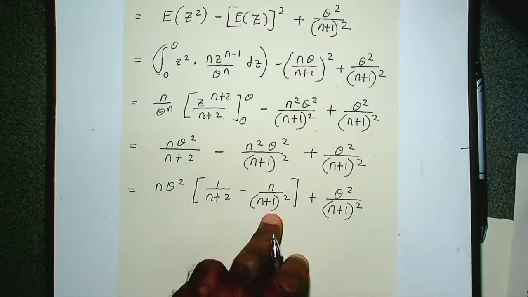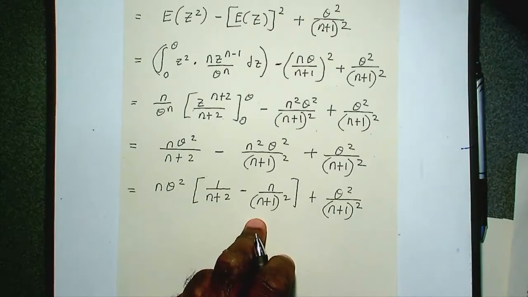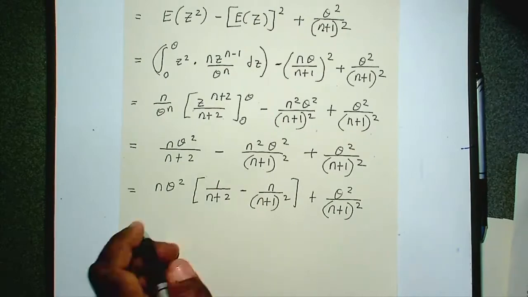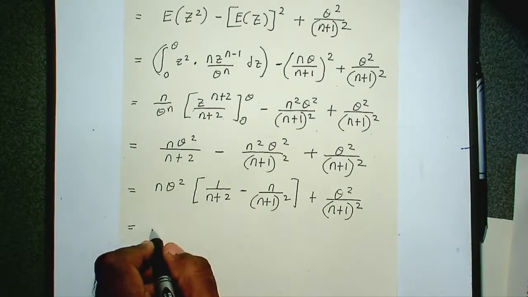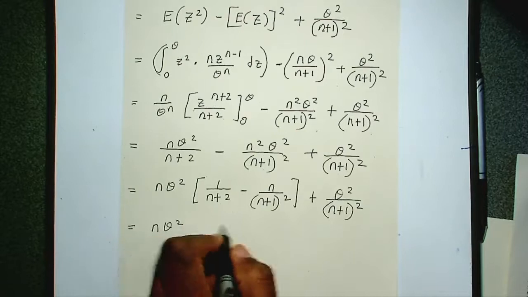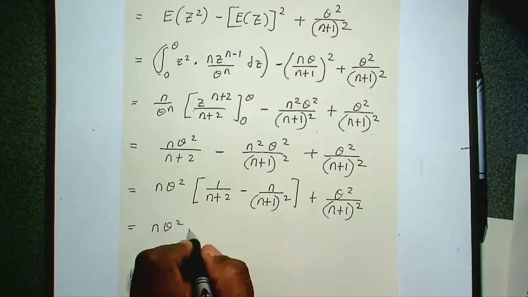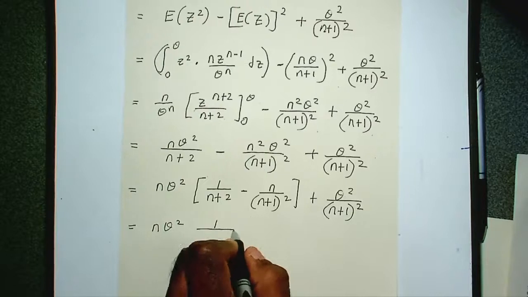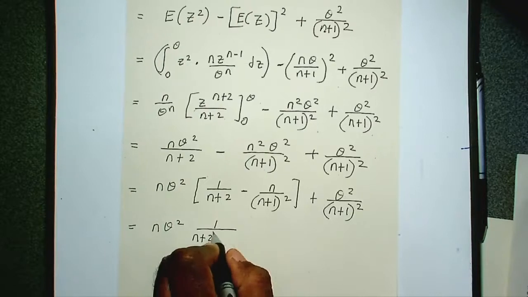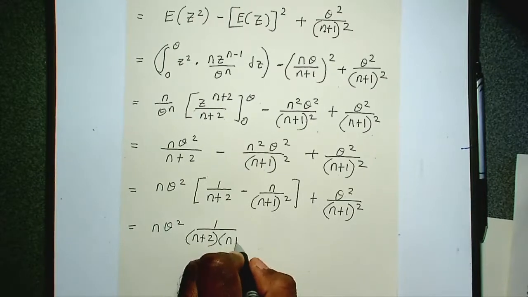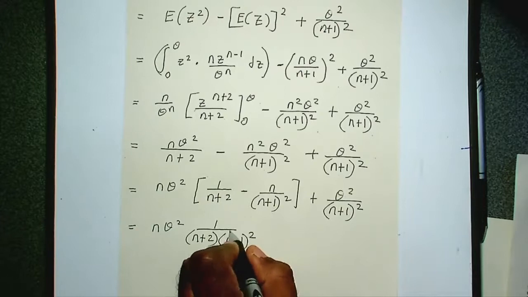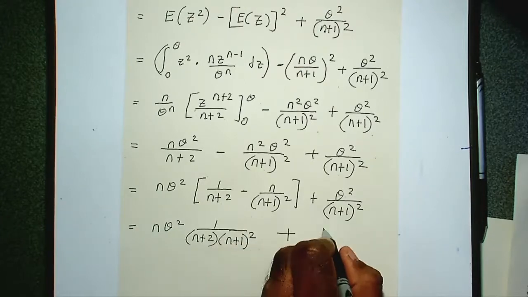Now this minus this is what? If you do the algebra, once again, you know better than me that this minus this is 1 divided by (n plus 2) times (n plus 1) squared. Right, so this is plus.